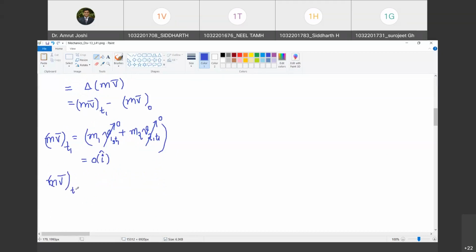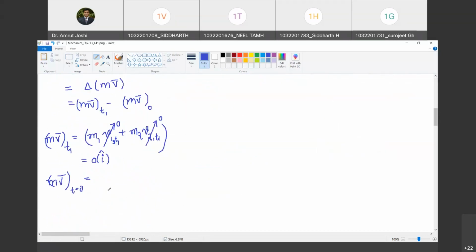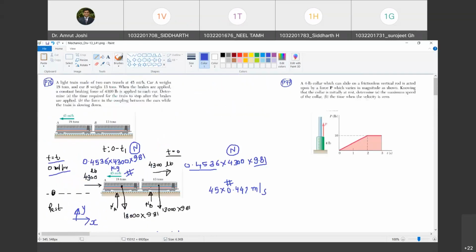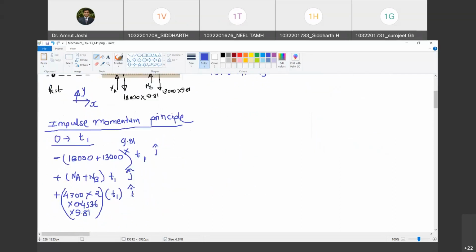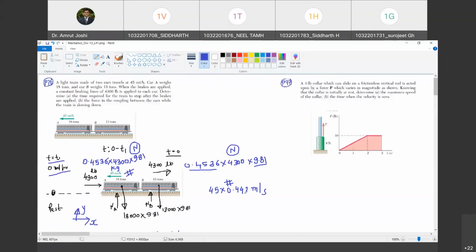Now, let me write down the momentum of both the bogies at time t equal to 0. So how much is that going to be? 18,000 is the mass of the first bogie, multiplied by its velocity in x direction, which is minus 45 into 0.447.